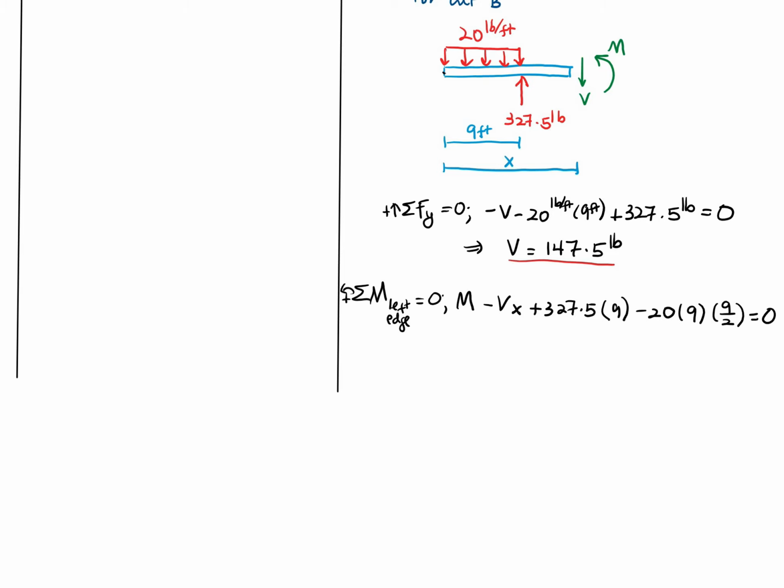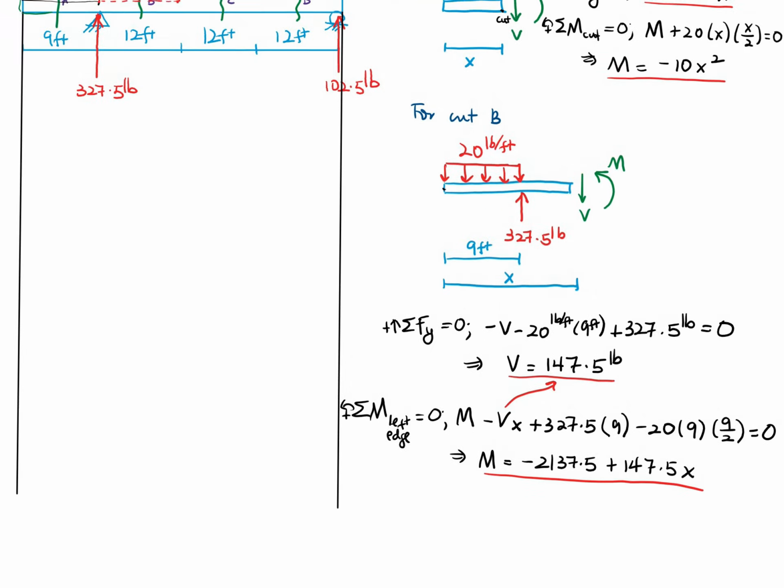That's all equal to 0. We know that V in this case is 147.5, which gives me my moment equation as -2137.5 plus 147.5x. And we're going to leave that for a second.